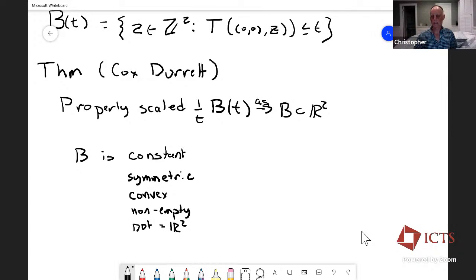And beyond this, nothing is known. As of the last time I checked, up to scaling, once you scaled this set, you didn't know anything more about the shape. Does it look like the L2 ball? Does it look like the L infinity ball? Nothing has been ruled out. So it could be any possible shape that satisfies these conditions.